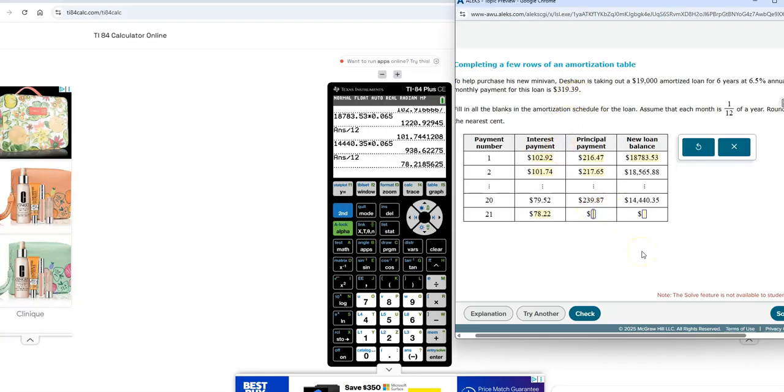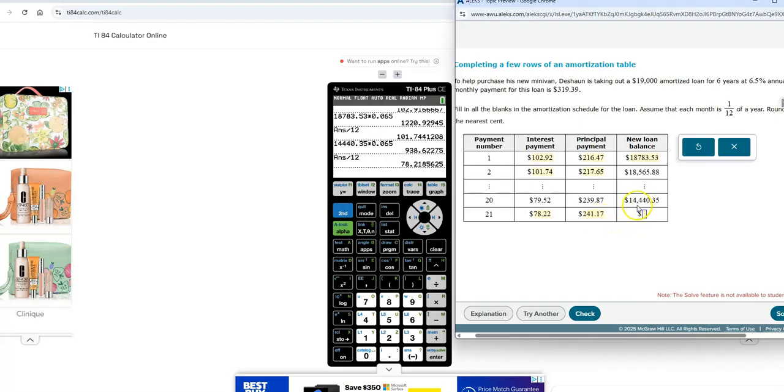What will it be? We're paying more and more towards our loan. That's a good thing, but we want to pay it fast. We pay $241.17. At the beginning, we paid just 260.